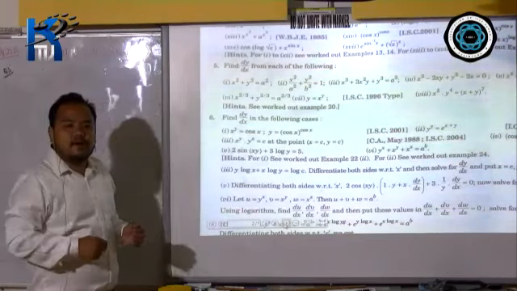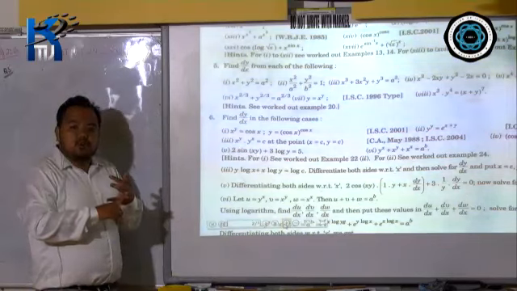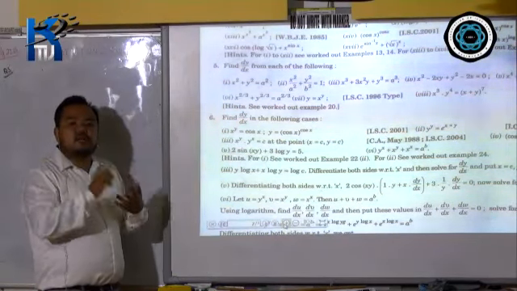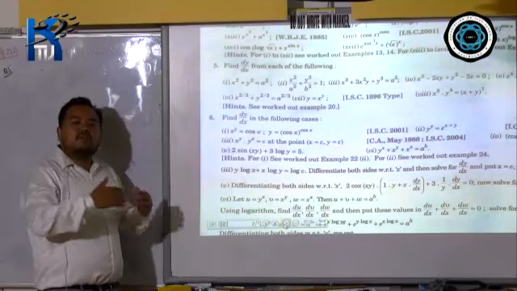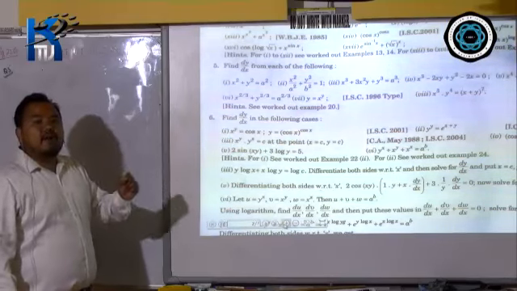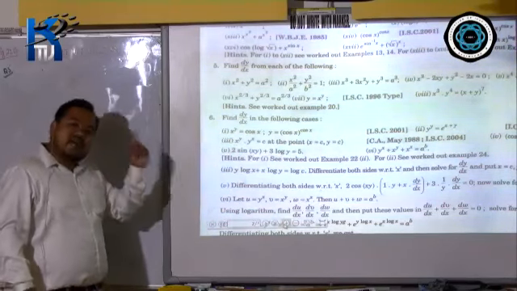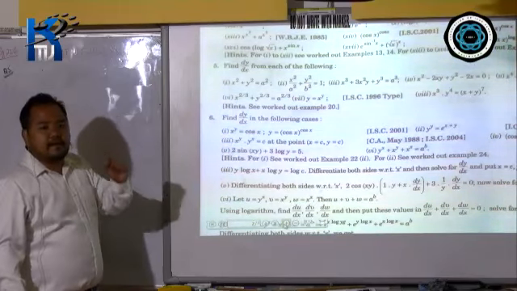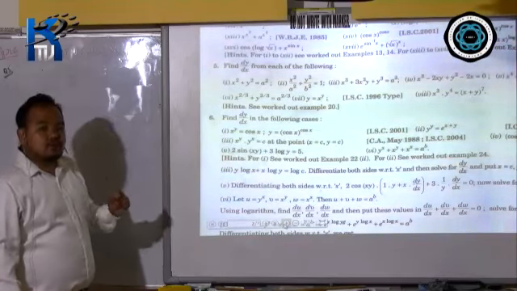That is property number 1. Whenever there is a product, u into v, you are going to use the product rule. Whenever there is a division sign, you are going to use the quotient rule. Once you have used that, when you are about to apply the formula, the function is either standard or composite. Is that clear? Standard means you can apply the formula directly. Composite means we need to use an assumption.